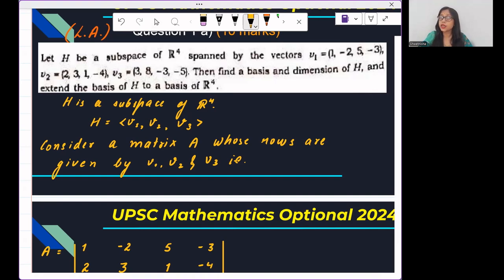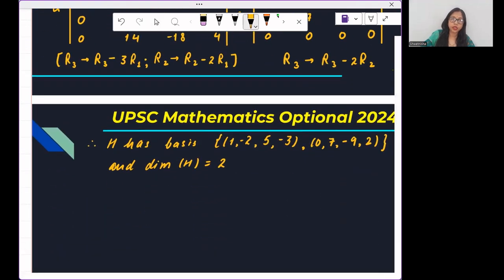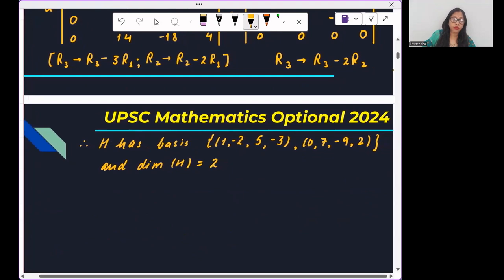It was a naming theorem, right? Extension theorem. So when they say extend the basis, the extension theorem should come to your mind. And you can write here, because vectors, let it be equal to W1, W2, say.